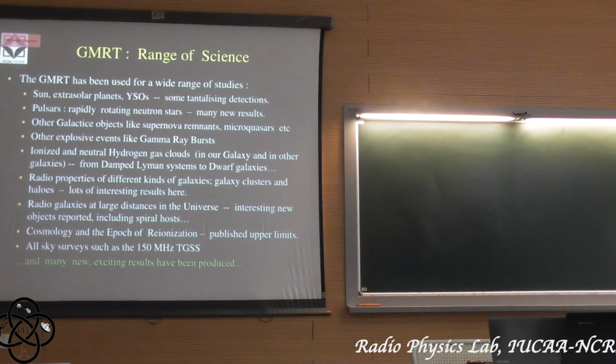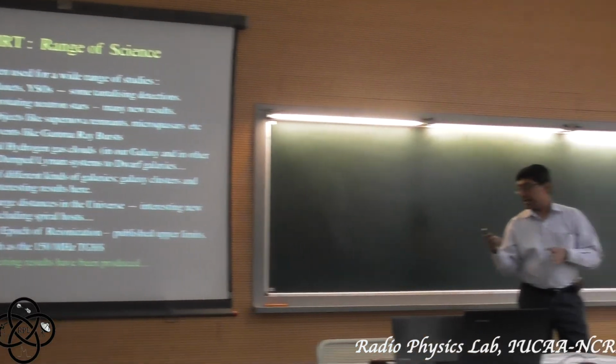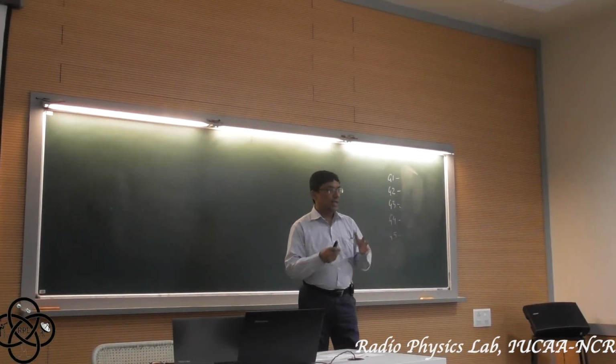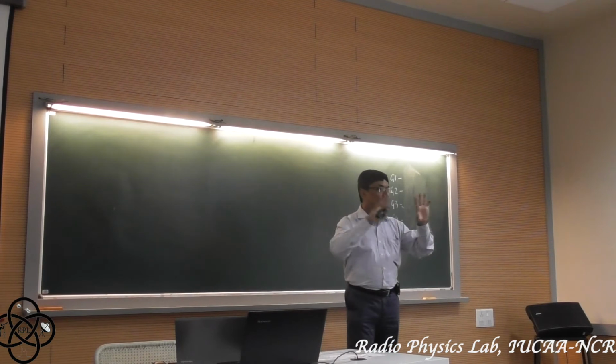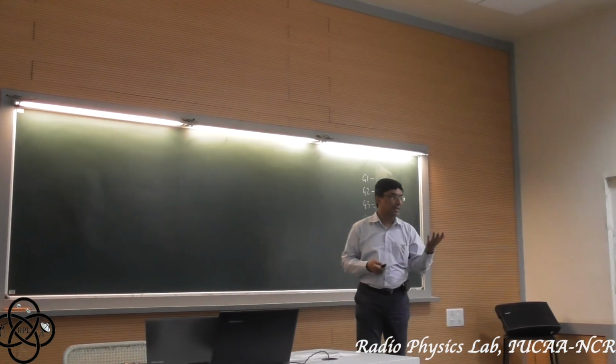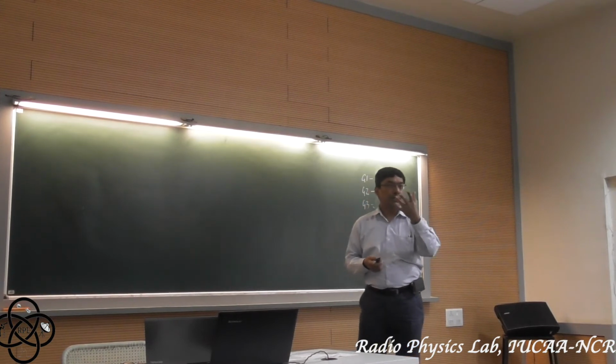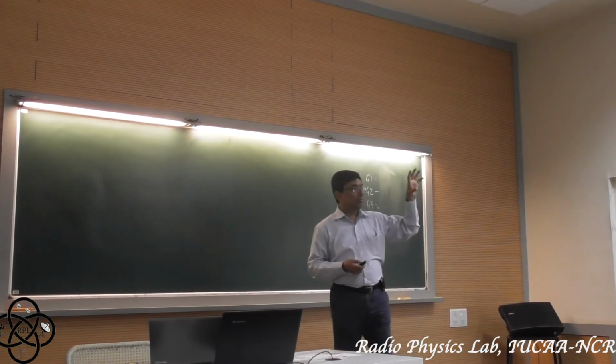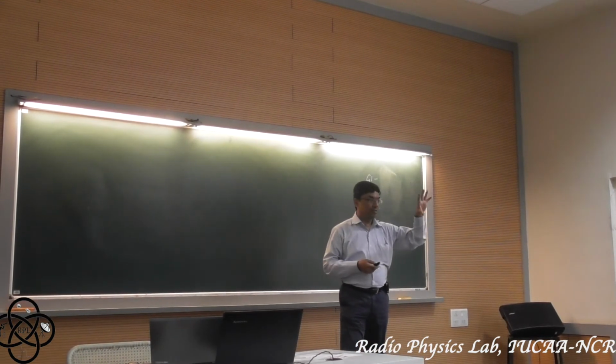But it is a bit like an atlas where you survey the entire sky visible to you in a uniform manner at a given frequency and make a series of maps which anybody can use as a reference, just like you use an atlas for reference. So if you want to look up what that country looks like, you open that page of the atlas and then you can see the details.